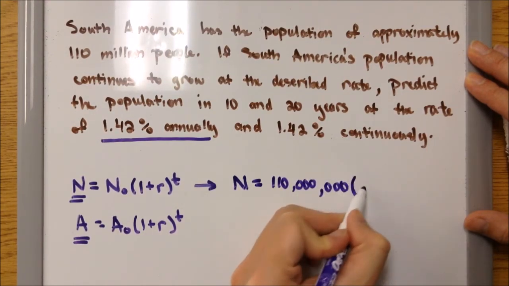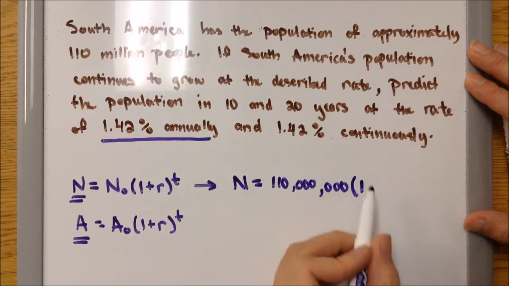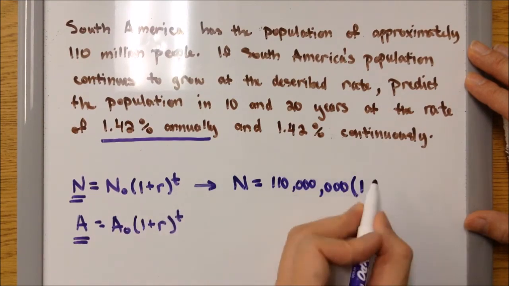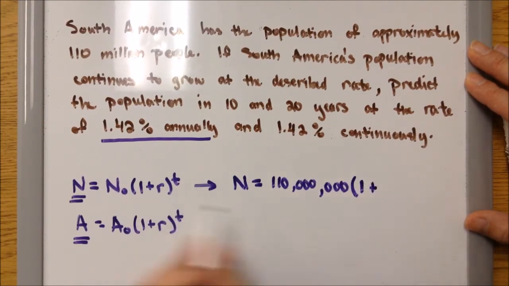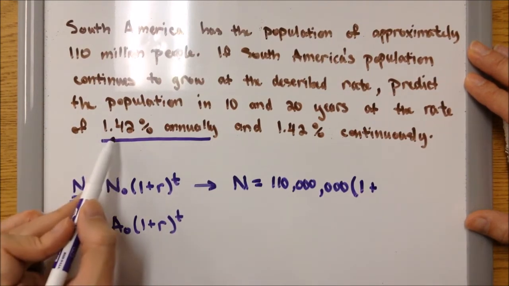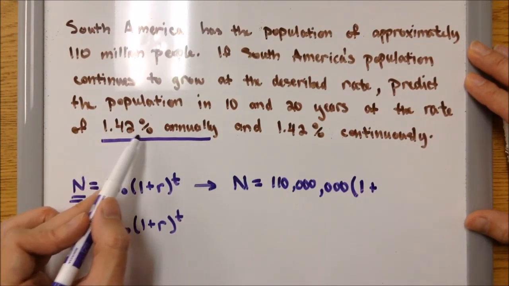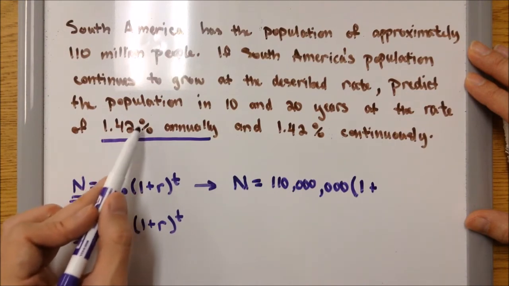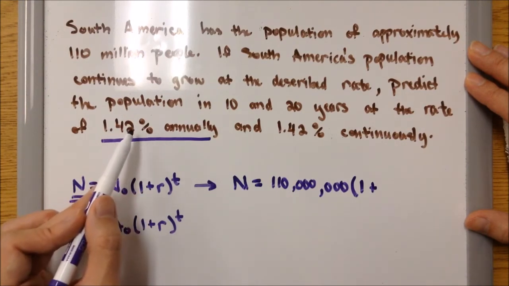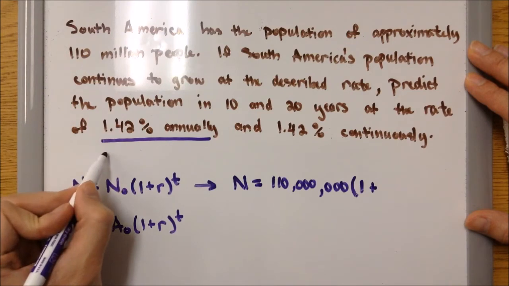Alright. Now, I put in the 1 because that's the one right here. Now you put in the r, the rate. So here, it's 1.42%. Now this is the part where we have to be very careful. If it's a percent, we have to convert it into a decimal.